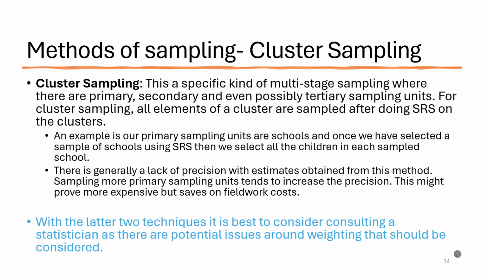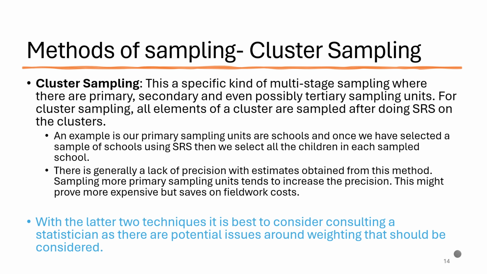Sampling more primaries, however, tends to increase that precision. This might prove more expensive, but it saves a lot of field work, because imagine now you don't need to sample 100 different schools. For example, you could sample 100 different schools, and maybe let's say you're just sampling 10 students from each school.